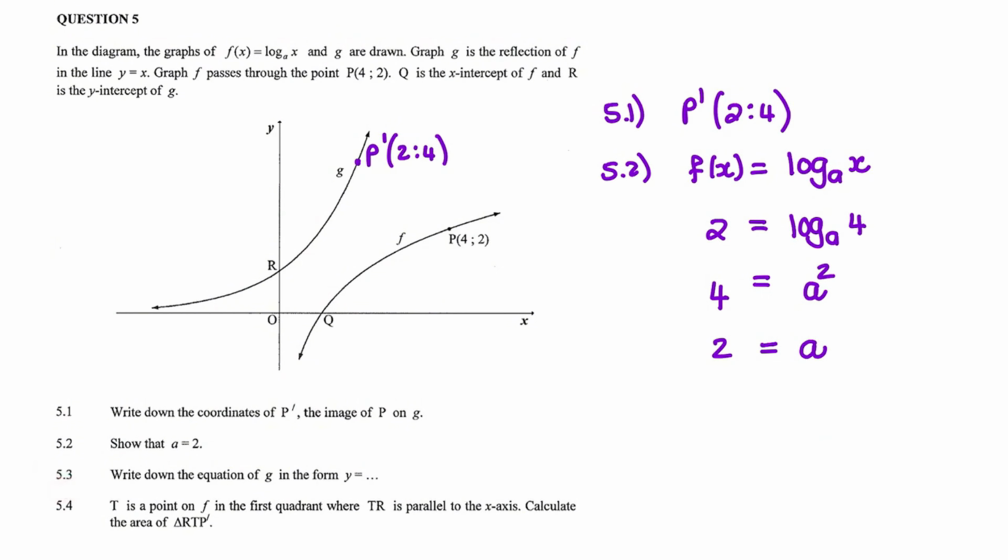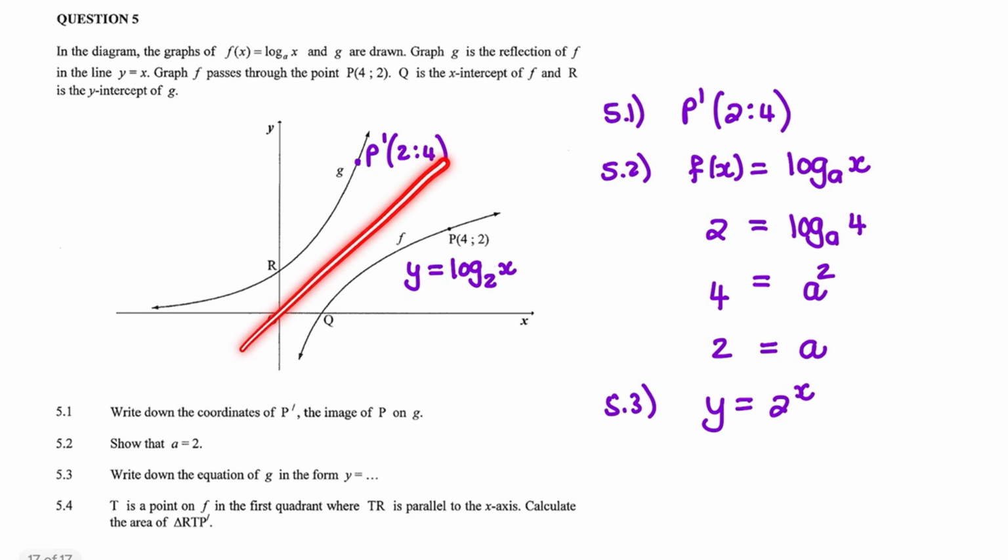Write down the equation of g in the form y equals. If the equation of f is y equals log base 2 of x, then the equation of g would be y equals 2 to the power of x. The inverse function simply becomes what you have here in the log, 2 raised to the power of x.